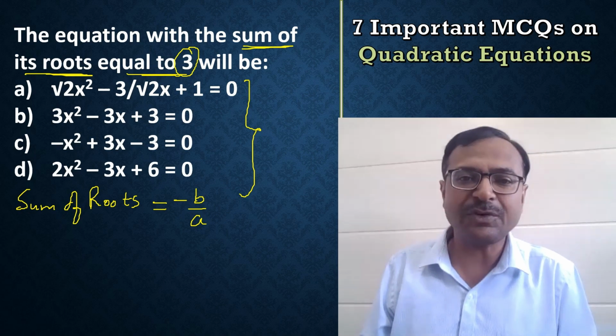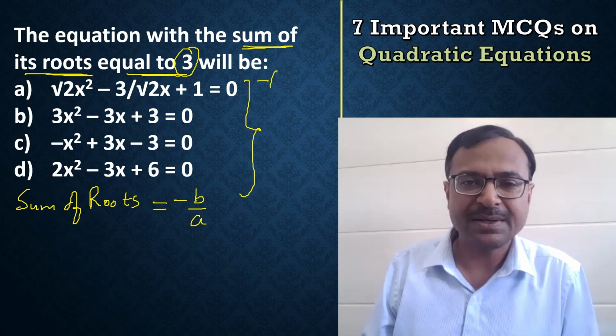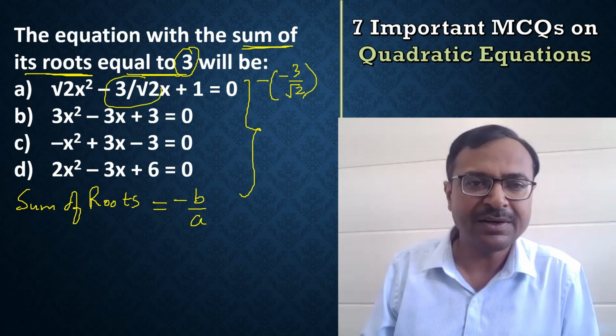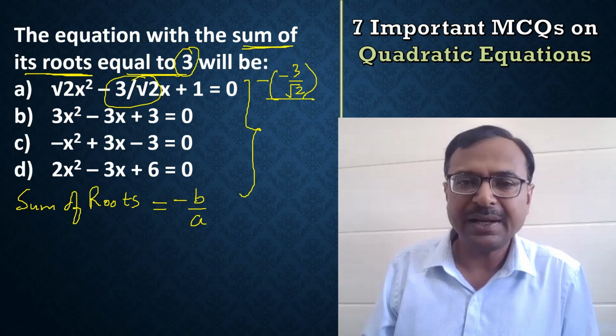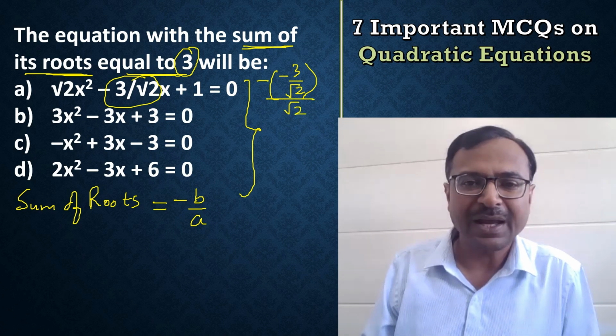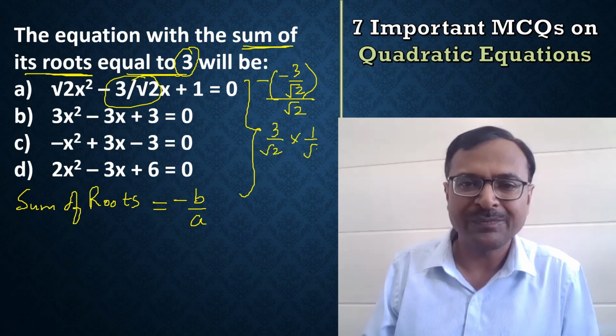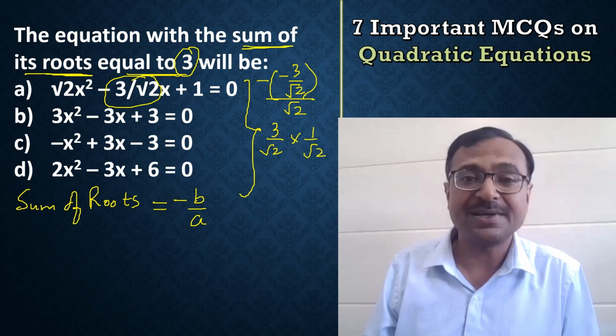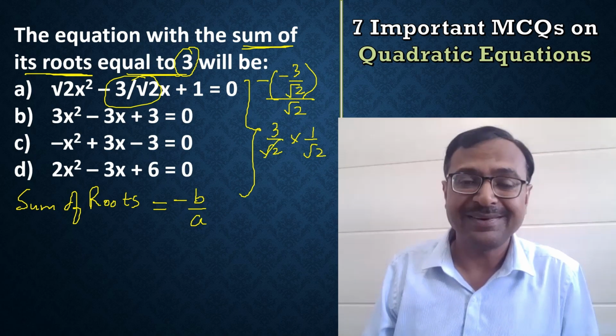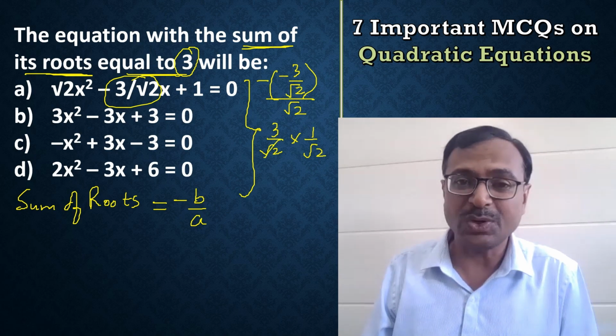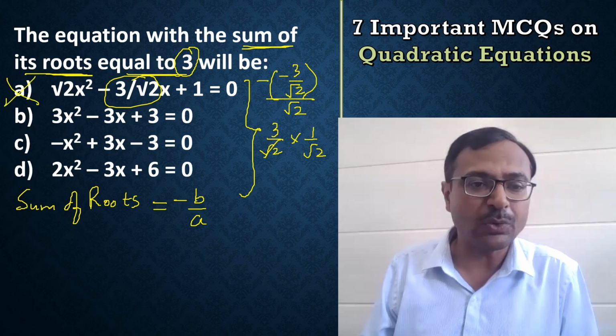Let's check for the first one. Minus b is the coefficient of x here, and upon a is root 2. So negative negative is positive, and this becomes 3 upon root 2 times 1 by root 2, and that is not actually exactly 3. So the first one is ruled out.